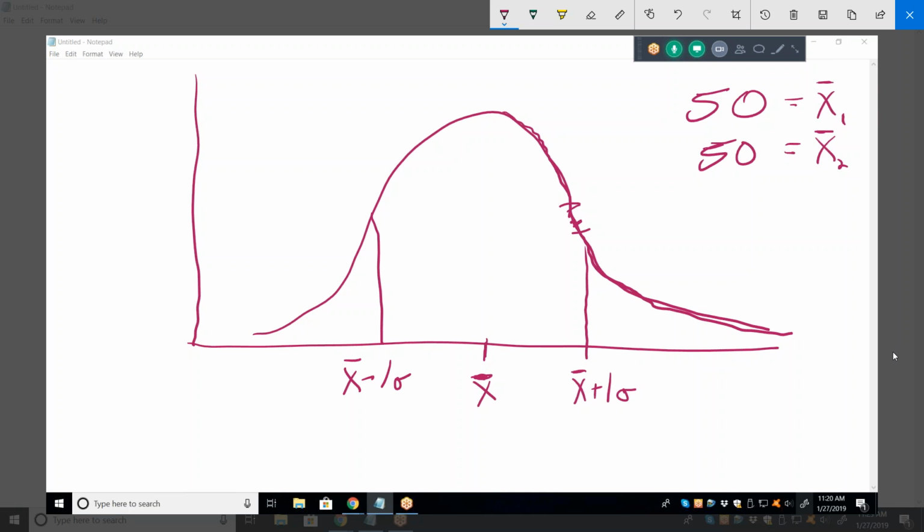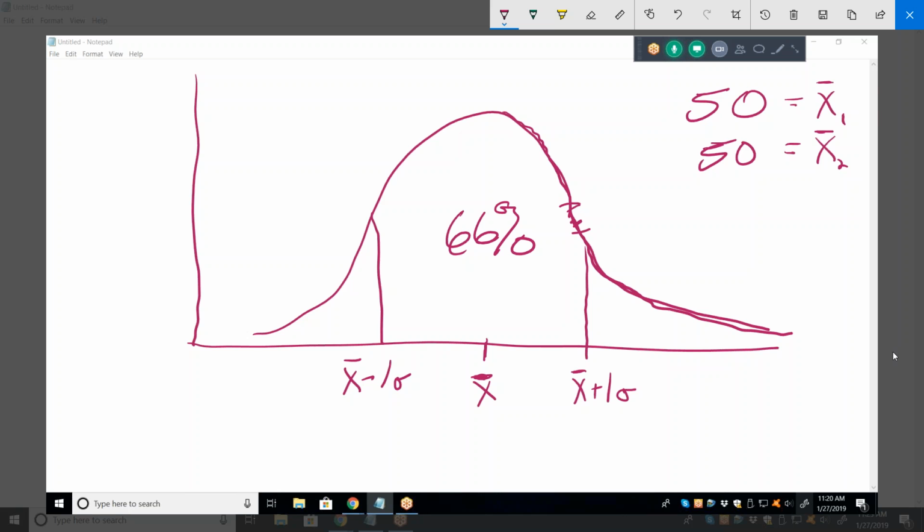We know that 66% of our X bars are going to fall between X minus 1 sigma and X plus 1 sigma in this 2 sigma range.